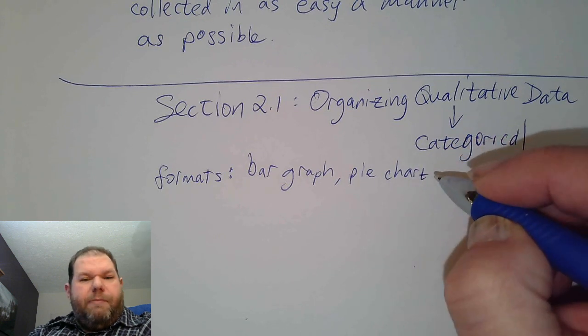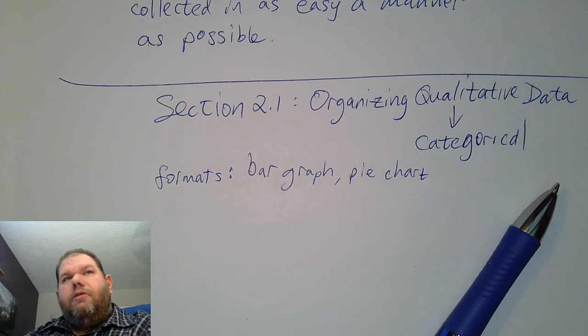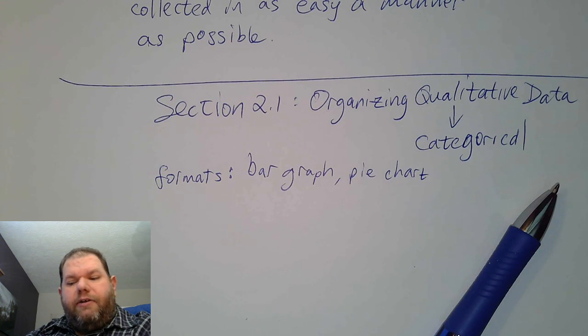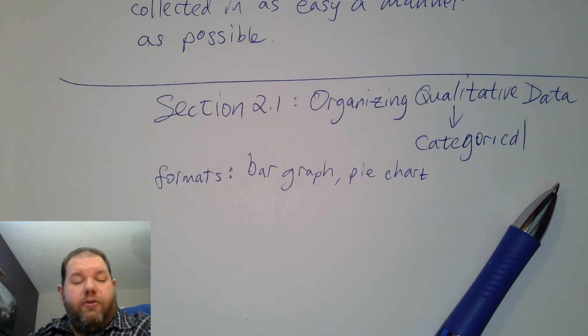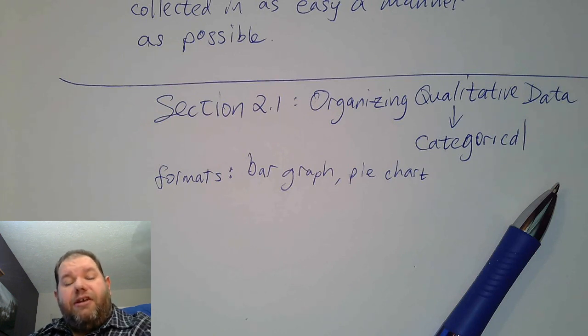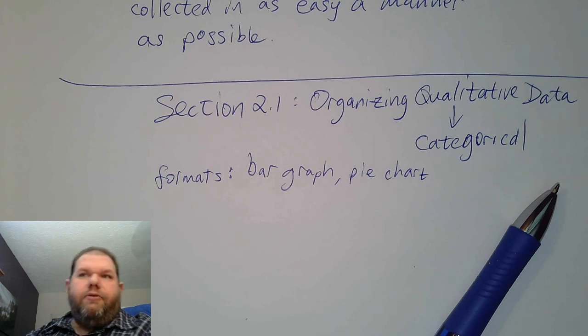I'm not going to have us do any pie charts because those are difficult to do by hand, and honestly they're not great. They're a nice visual representation for people that are more visually oriented, but it's not always a great way to convey differences in sizes, and somewhat inefficient to create, especially if we have a lot of different options. Pie charts are great if we have like 4 choices, and none of them are super small, but some of them may be super large.